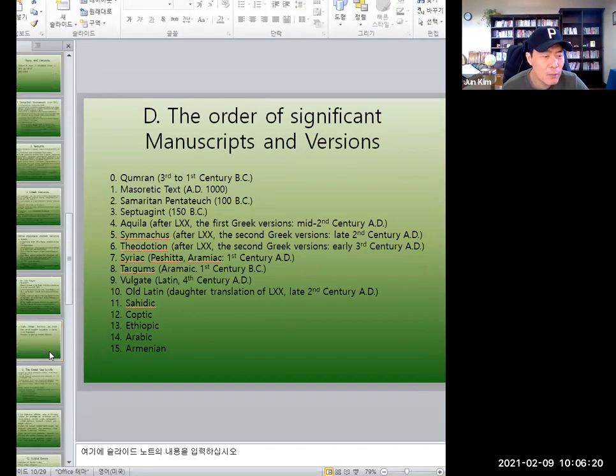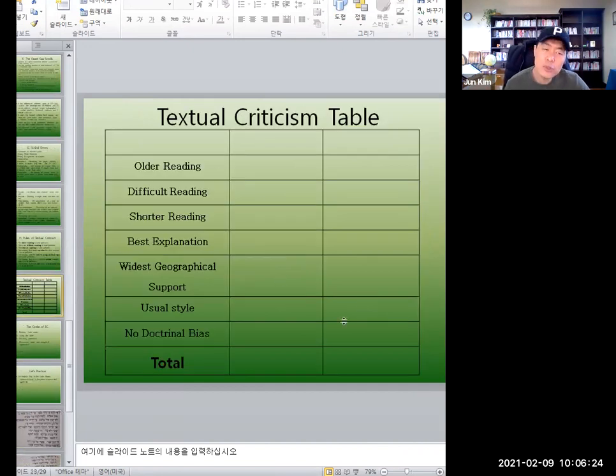I wanted you to use this table, and most of you used this textual criticism table, but there are some who didn't use this. So one more time, when you have to deal with a textual criticism issue, you have to put the given information first, okay? Like, what are you supposed to put first?